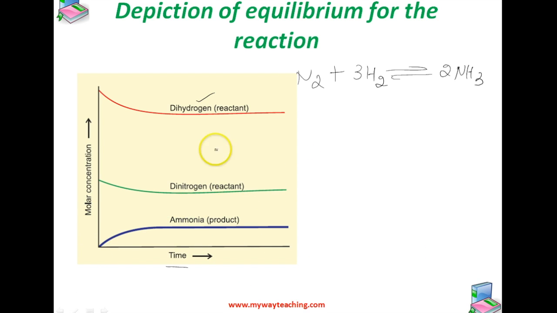Dinitrogen and dihydrogen are the reactants and ammonia is the product. He also determined the concentration of unreacted dihydrogen and dinitrogen. After a certain time, the composition of the mixture remains the same even though some of the reactants are still present. This constancy in composition indicates that the reaction has reached equilibrium.